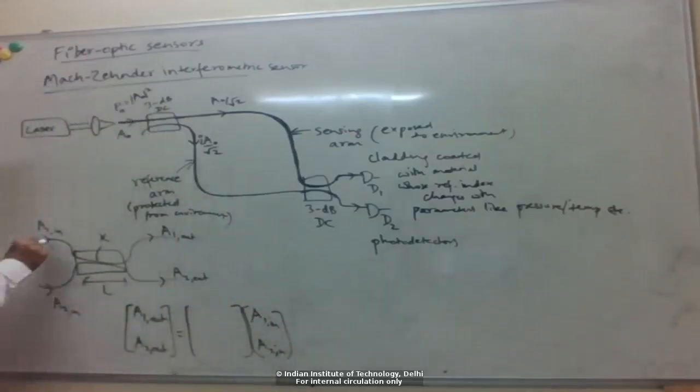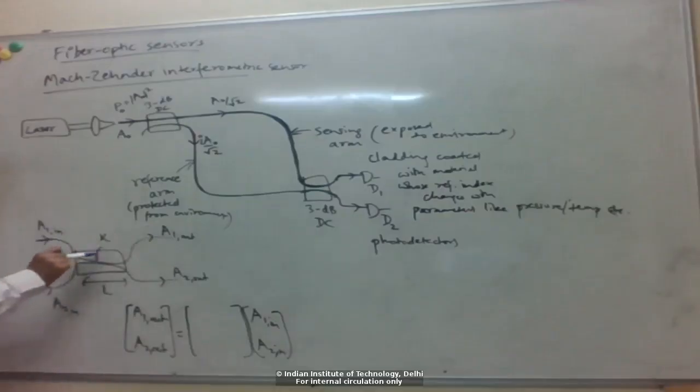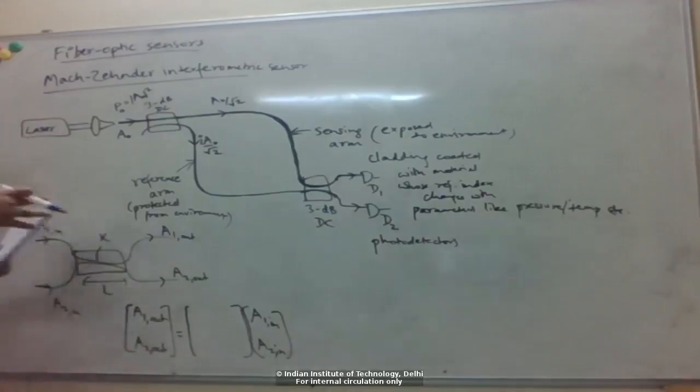So there will be some part which is transmitted, right? So the input from port 1 is transmitted to port 1 at the output. So there is some fraction there, and there is some fraction of A2, right, which couples over to 1. So basically, for example, if you have a beam splitter in free space, right?